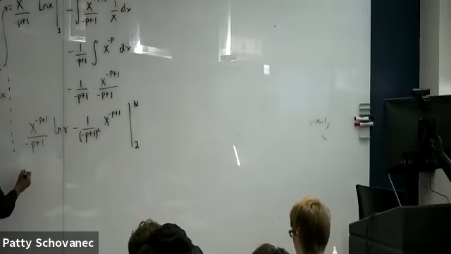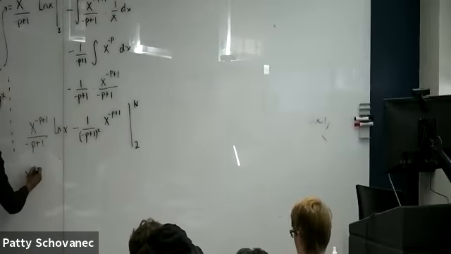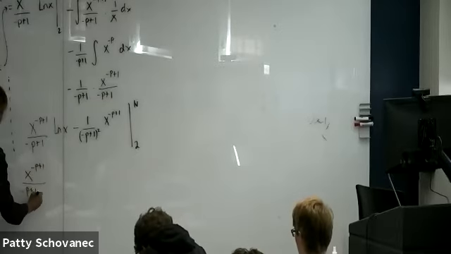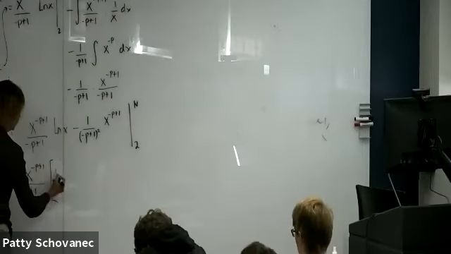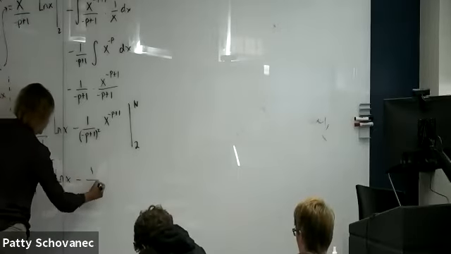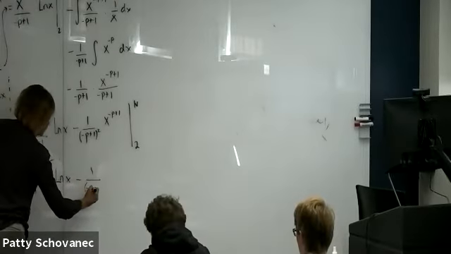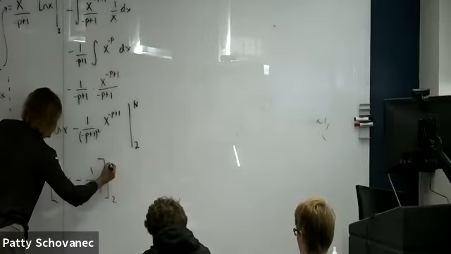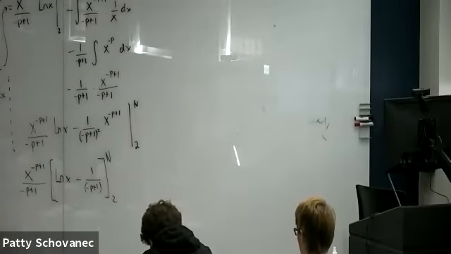So I'm going to factor out x to the minus p plus 1 over minus p plus 1, leaving me with the natural log of x minus one of those right there. And then we can evaluate that from 2 to n.